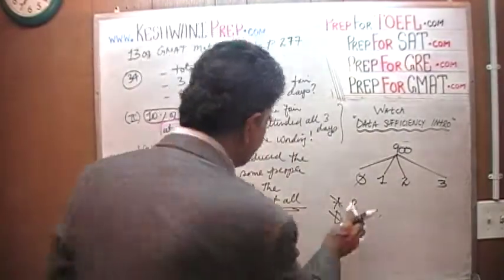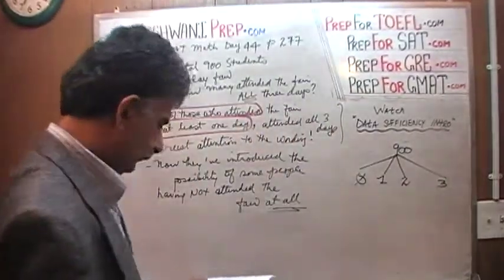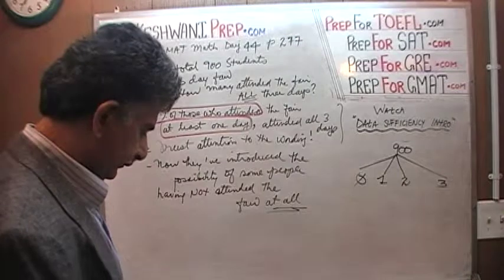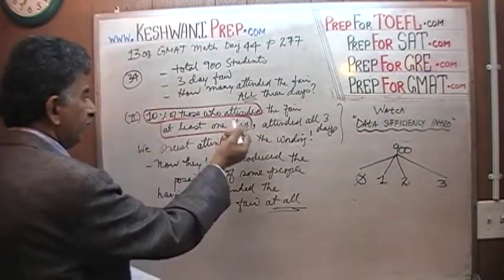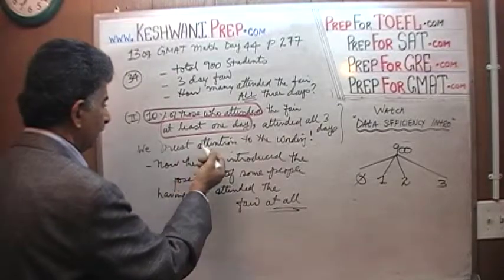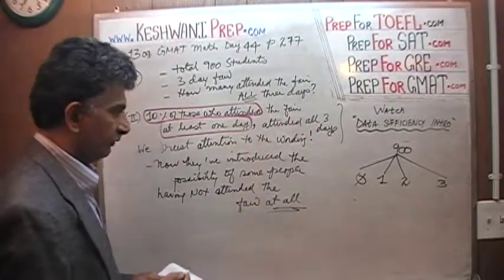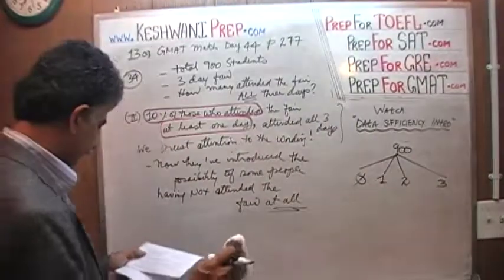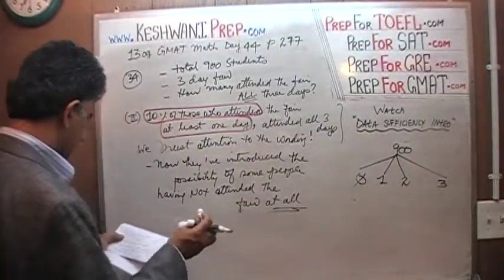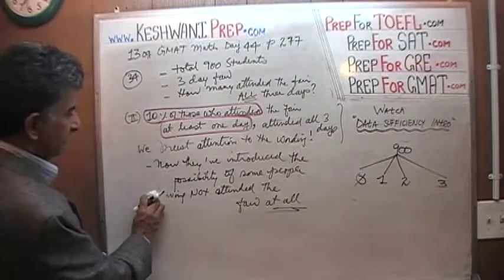And what they have told us so far is that 10% of those who attended the fair at least one day attended all 3 days. So let's introduce the letter X. I need the room, so I'm going to erase it.